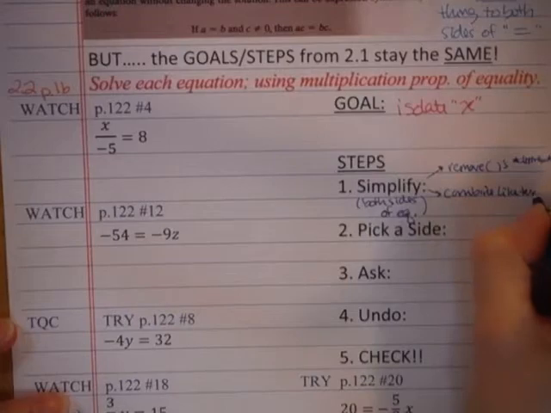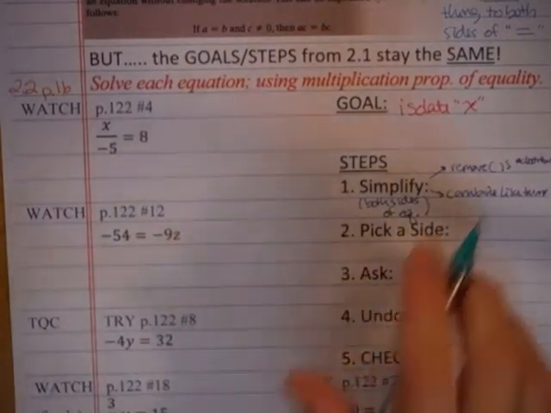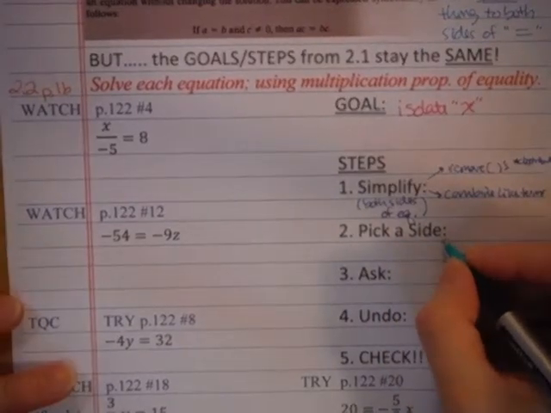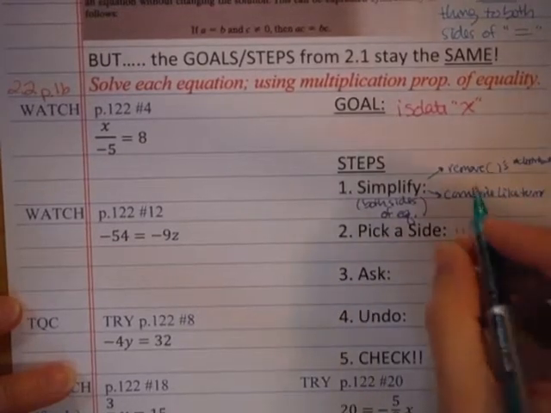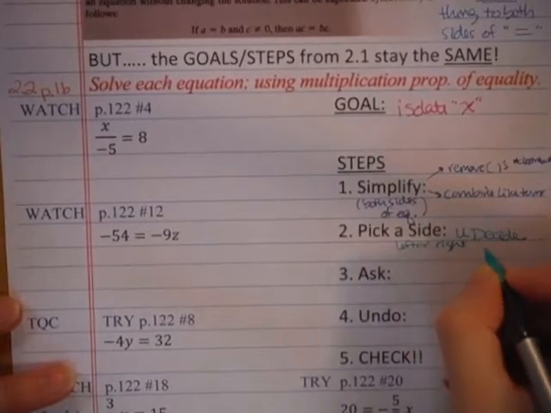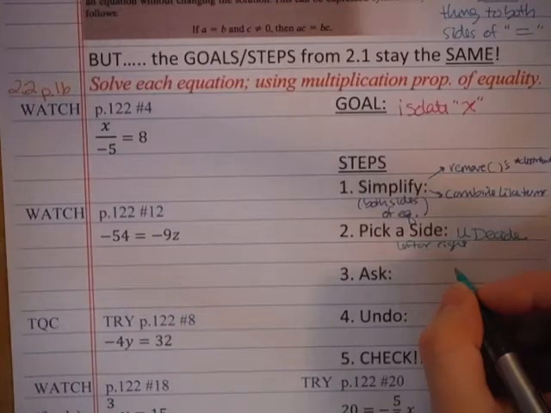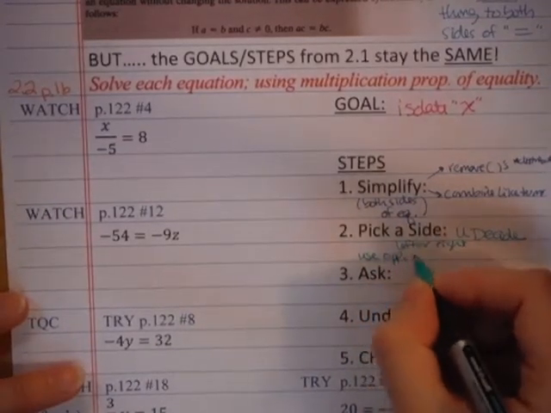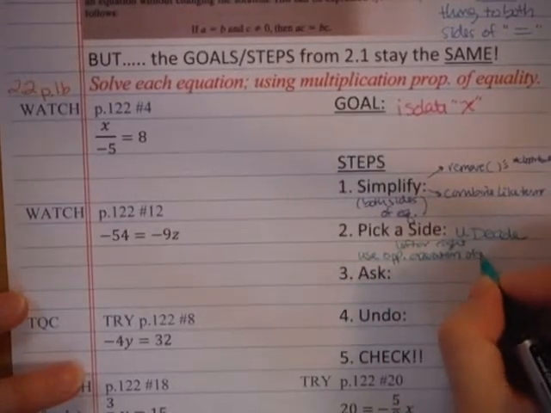A lot of the time, especially in the beginning examples, this will be already done for us. The next thing we do, these are the same steps as 2.1, is you're going to pick a side for the variable to be on, and it's you who decides which side. Okay? It can be left or right. If you start with variables on both sides and you have to move the variable to one side, then you use the opposite operation of what's in front of the variable.